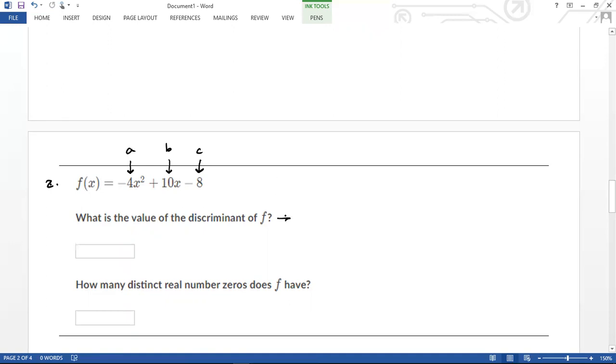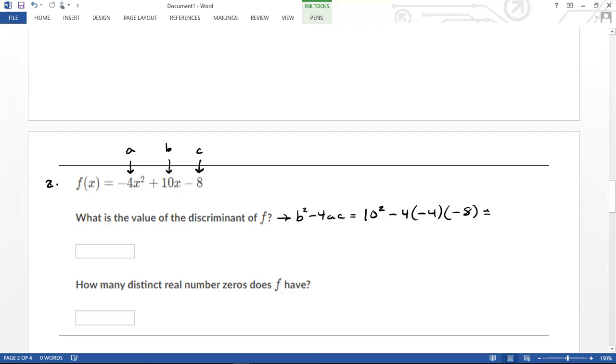So the discriminant is b squared minus 4ac. b is positive 10, so we have 10 squared minus 4 times a, which is negative 4, times c, which is negative 8.